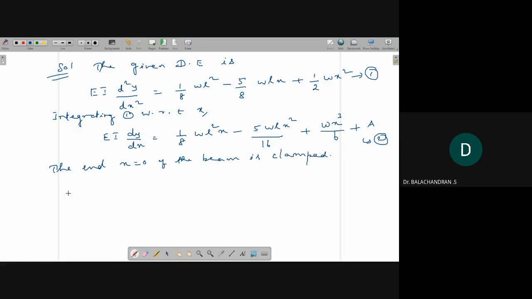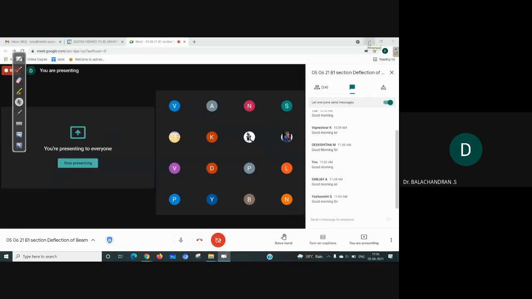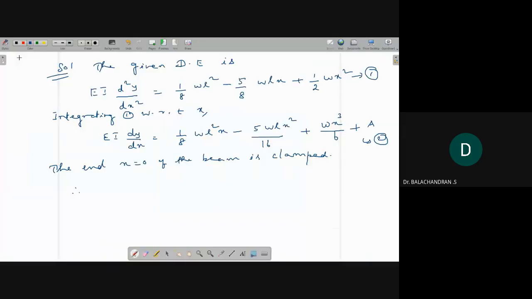Therefore, what is the end condition? Yashashwini, can you tell? dy by dx is 0. Yes, correct. So therefore, when x is equal to 0, dy by dx is equal to 0.